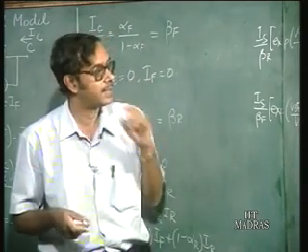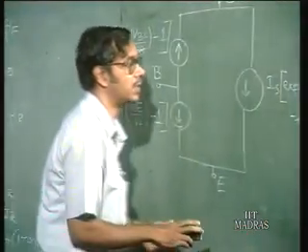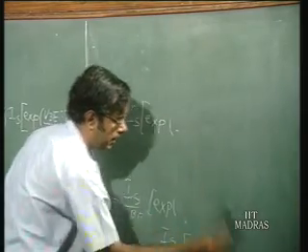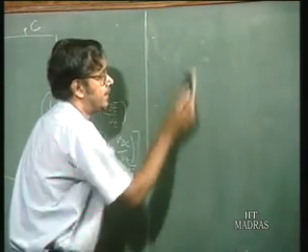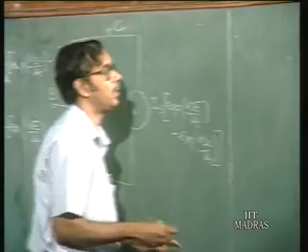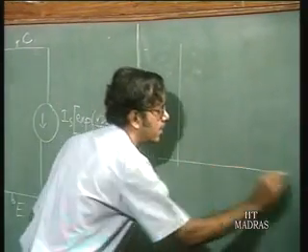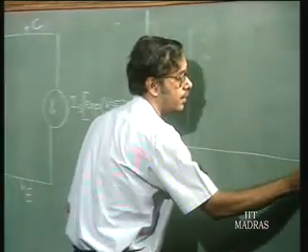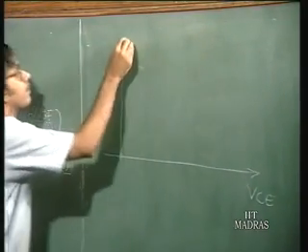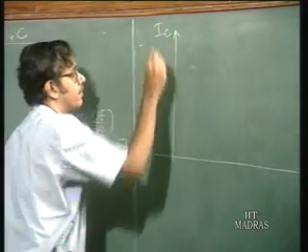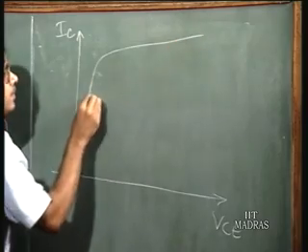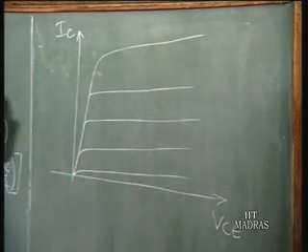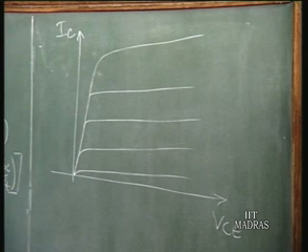An interesting thing before we wind up, because we shall be coming to that again in our circuits. I think it's the best time to discuss. If you plot the well known output characteristics of a transistor for different base currents, we have this type of characteristics.